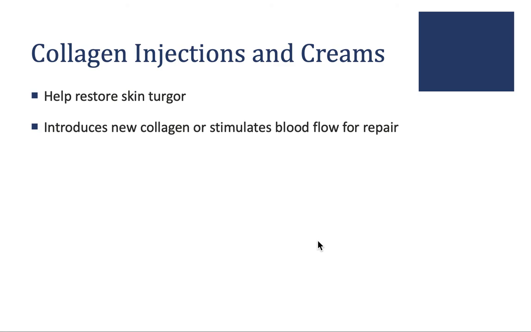A grape has turgor, whereas a raisin does not. And so the way these work is they attempt to introduce new collagen, or they stimulate blood flow in order for the body to repair itself with more collagen. And so that's the premise behind collagen injections and creams, though the empirical evidence does not always support their use.